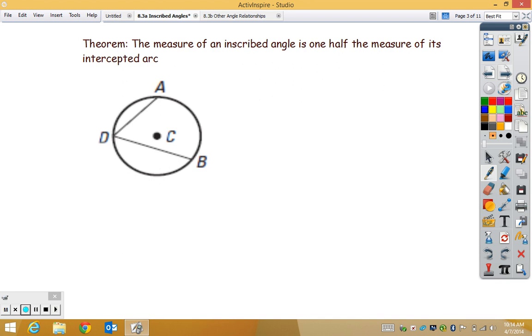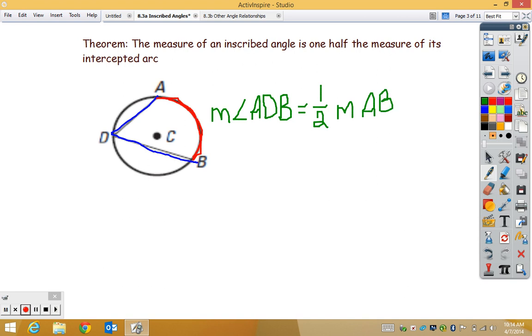So we have our angle ADB, and we have our arc AB. So the measure of angle ADB equals 1/2 the measure of arc AB.